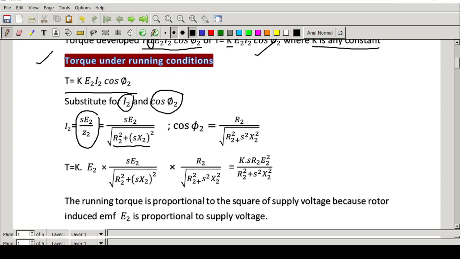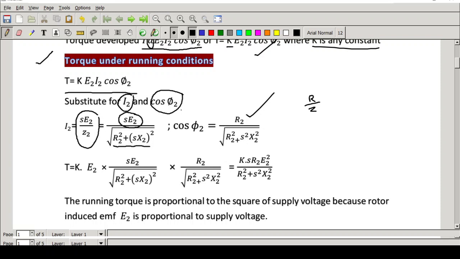You can see here, in the case of rotor induced EMF, it is not just E2, it is S E2, because it depends on the slip frequency. Similarly, we can write the expression for the power factor cos phi 2 as R by Z, that is, R2 by the square root of R2 squared plus S squared X2 squared.